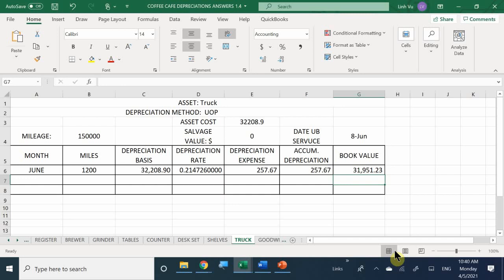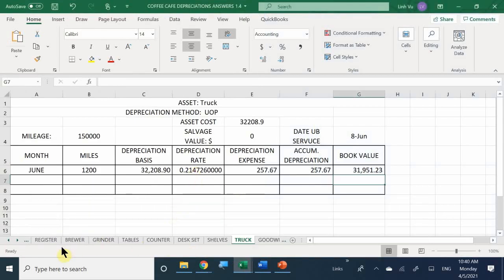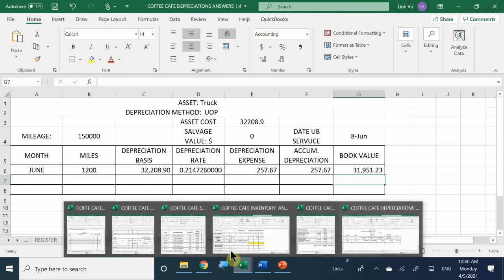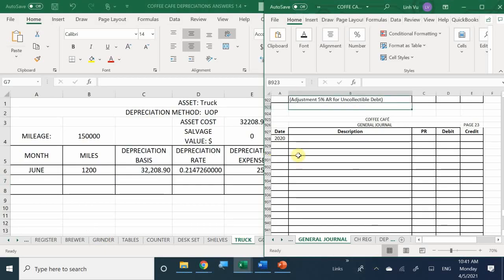Okay, good. So here, this is what I want you to do for the journal. Since the entire section of the journals, as you can see for depreciation, we have to depreciate a lot of stuff, I want you to go ahead and compile all of them because they're all going to eventually go into one account, and that's going to be your depreciation expense account.